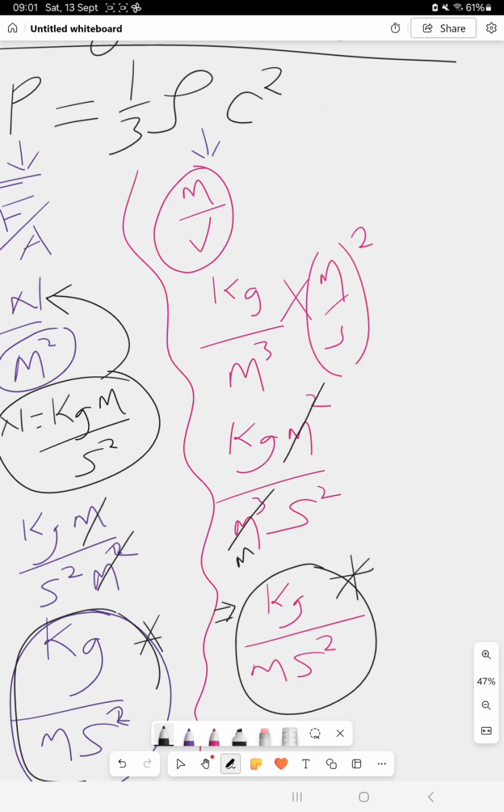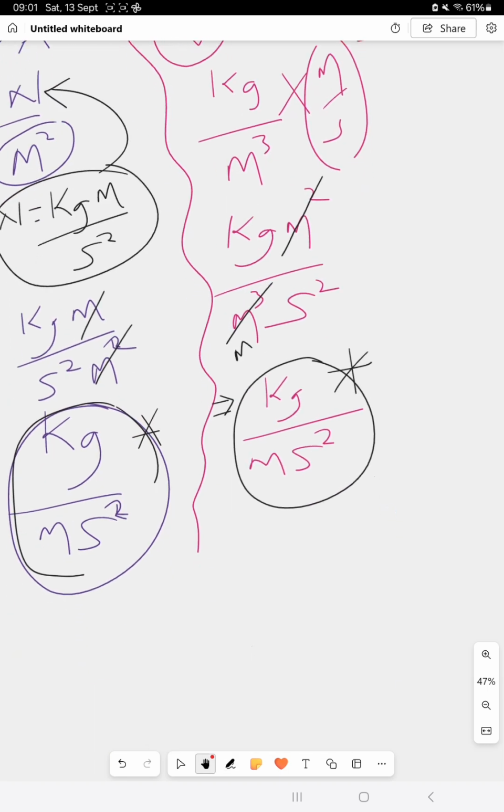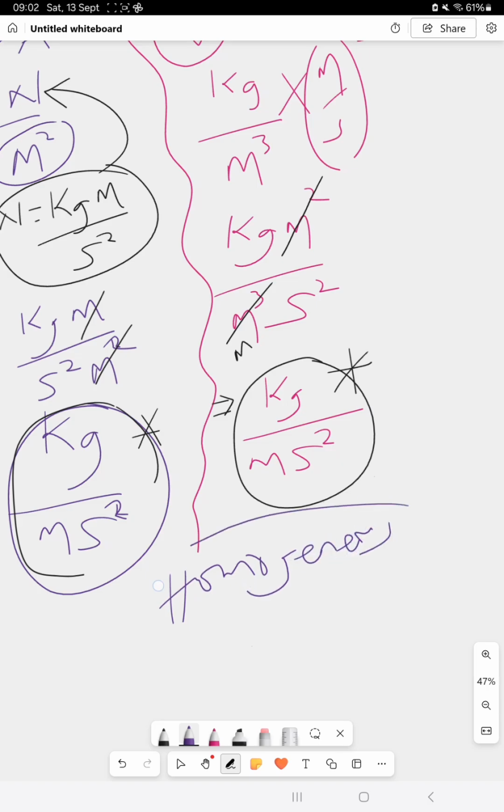And therefore, I say this equation is homogeneous. It's homogeneous. Now let me look at another example.